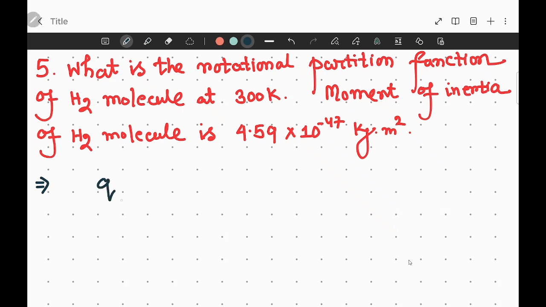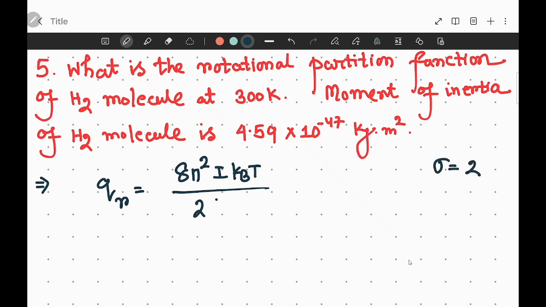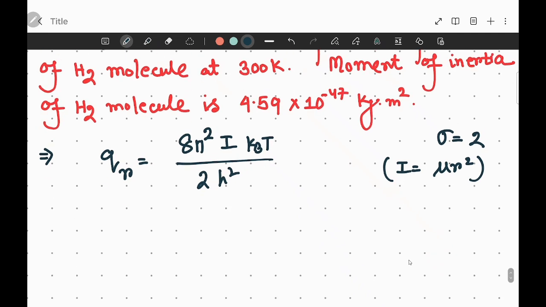What is the QR? QR is 8 pi square I kBT by sigma h square. What is sigma here? 2. Yes. Or you can write it as mu r square kBT, because I is equal to mu r square. But it's not needed because I is directly given to you, so it is easier.